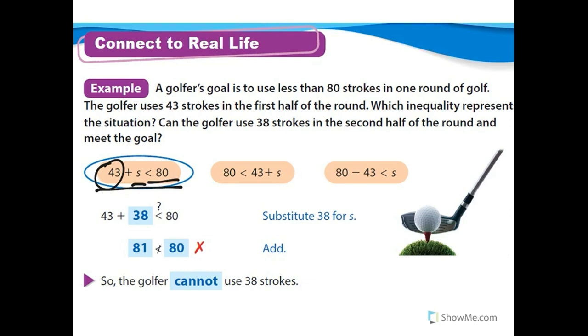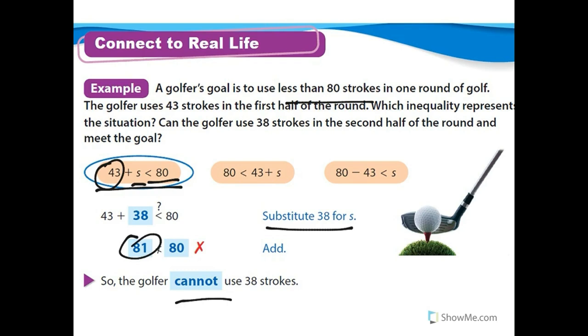Can the golfer use 38 strokes in the second half of the round and meet the goal? So, wants to have less than 80 strokes, right? So we're going to substitute 38 for S. That would be the second round. 43 plus 38 is 81. 81, no, so the golfer cannot use 38 strokes, right?